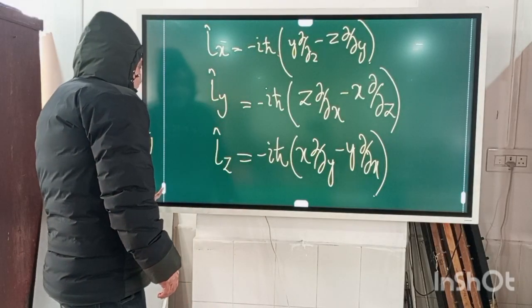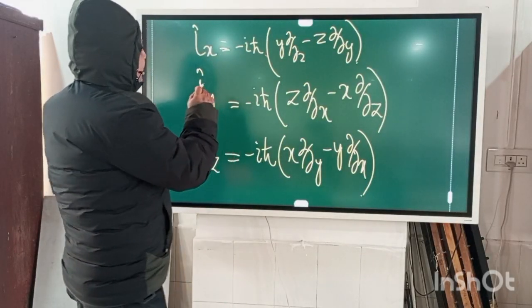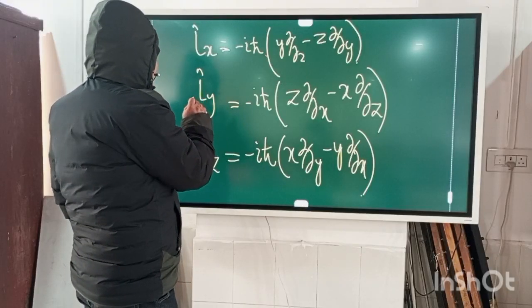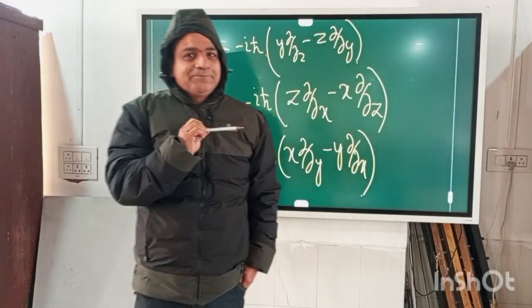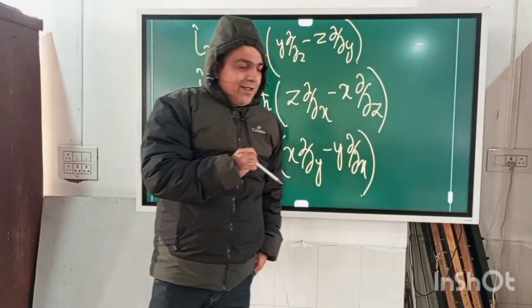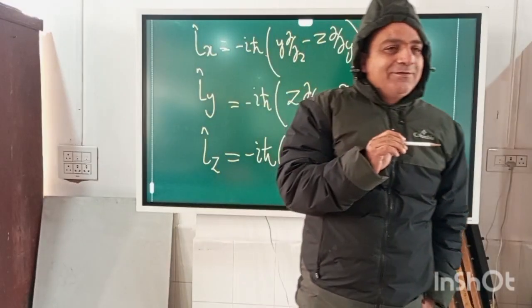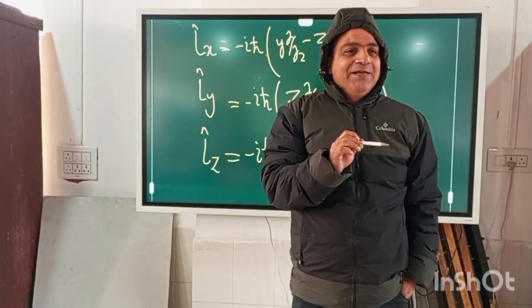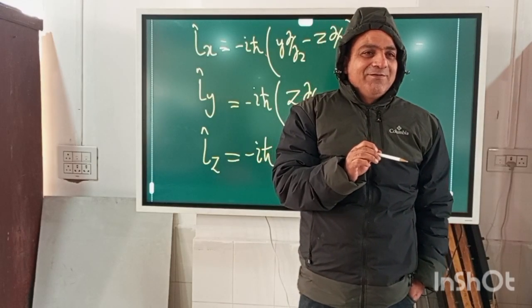Now proceeding from here, you have Lx, Ly, and Lz, right? Now, if you go back to the problem of the hydrogen atom, we solved the hydrogen atom in spherical polar coordinates, right?